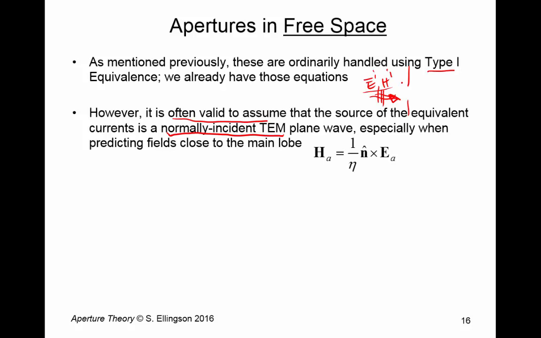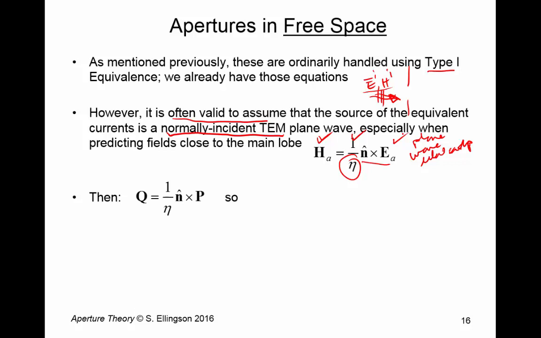Now, in that case, these are plane waves, and I can relate E and H through the plane wave relationship, right? That's hopefully something you already know about. And through the plane wave relationship, then, the magnetic field intensity in the aperture is given by 1 over the intrinsic impedance of the medium, times n-hat cross the electric field in the aperture.